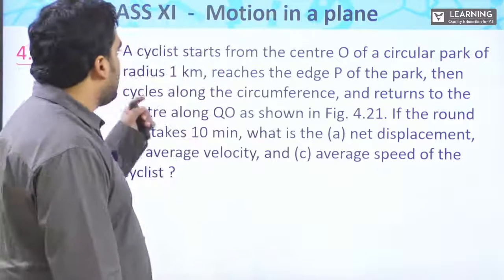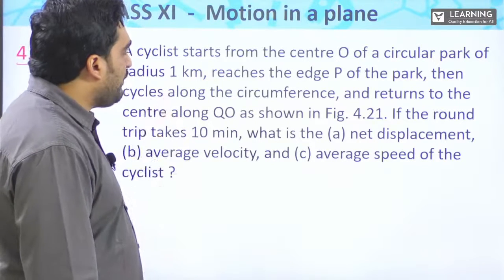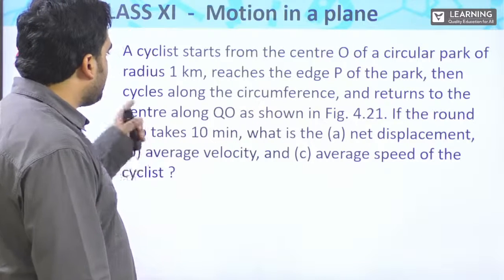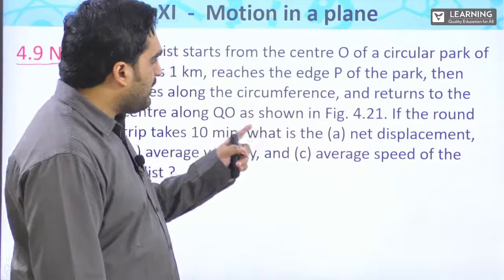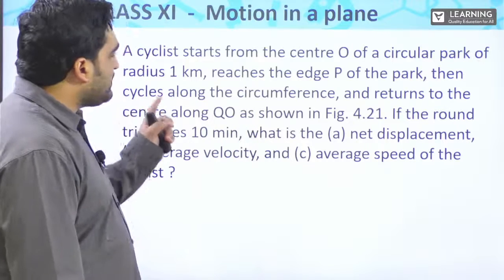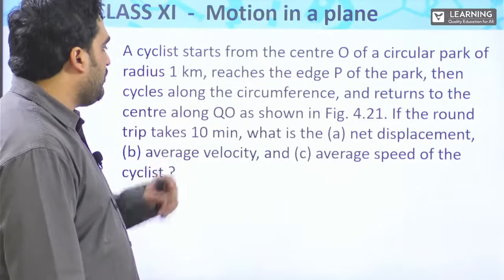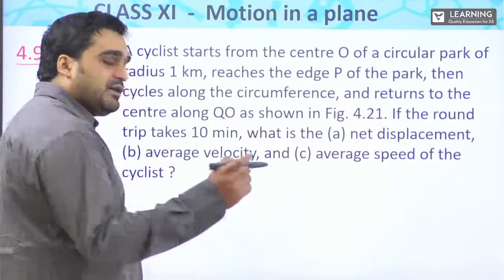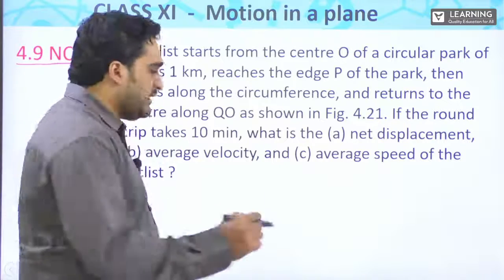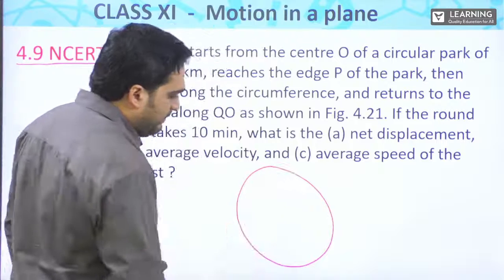It says, a cyclist starts from the center O of a circular track of radius 1 kilometer, reaches the edge P of the park, and then cycles along the circumference and returns to the center along QO, as shown in the figure. Now, the figure is already given to you in the textbook. I will anyways try to reconstruct that figure here.